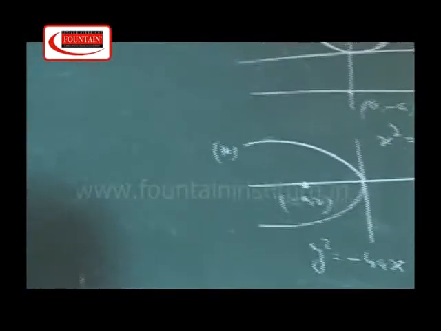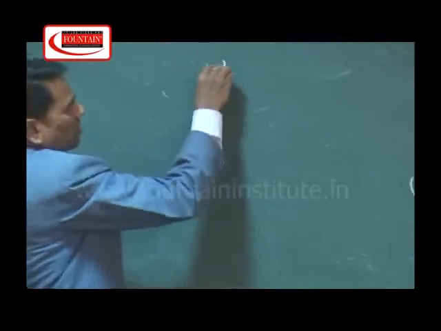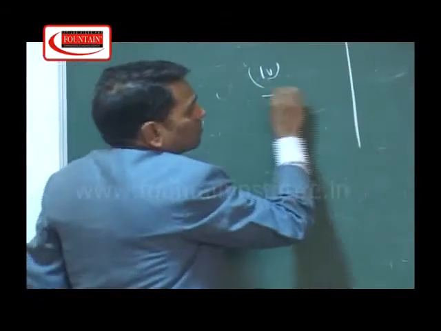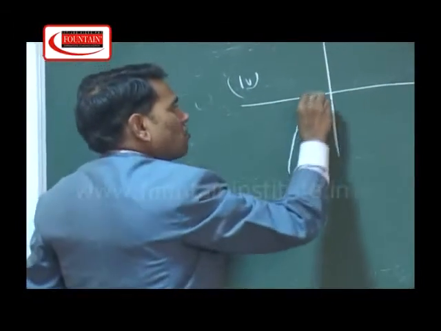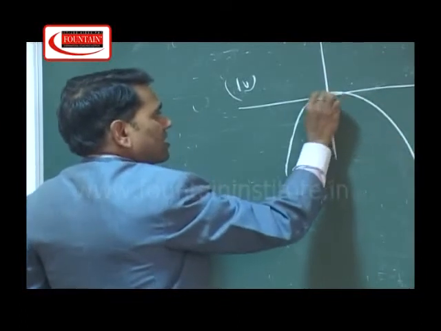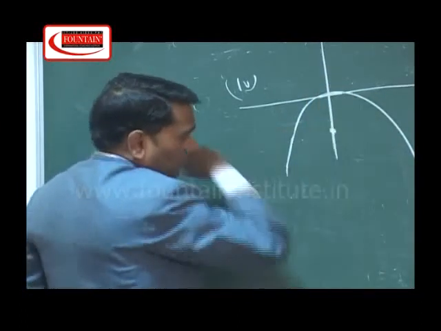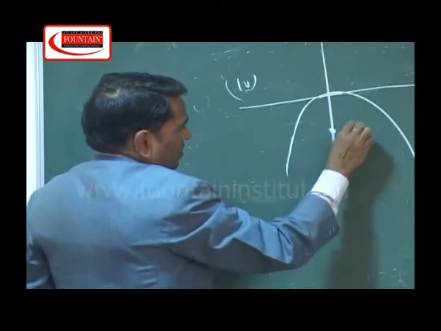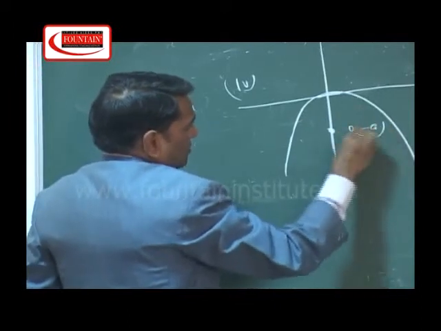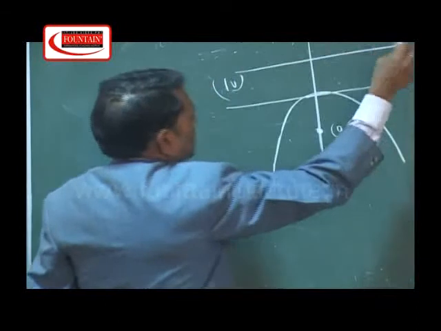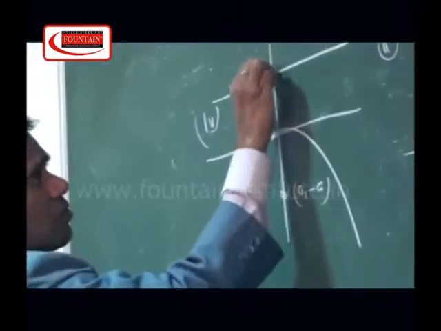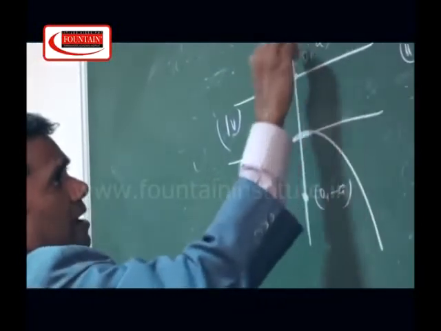And the last case, the fourth case, if the parabola has symmetry along the negative y-axis and its vertex lies on the origin, then the focus is 0 comma minus a, so the directrix will be 0 comma a.